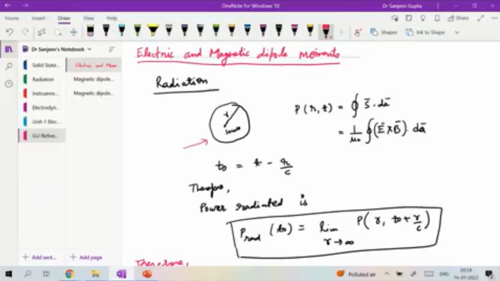Let us assume the source is localized near the origin, and we are interested in calculating the radiated energy at time t equal to t0.